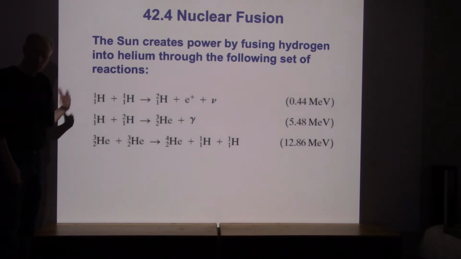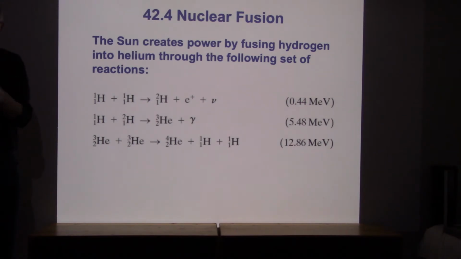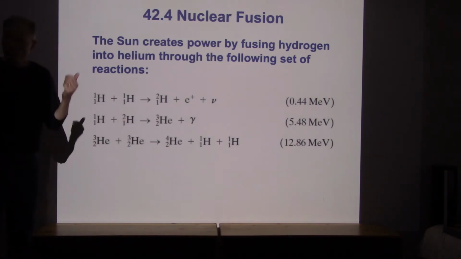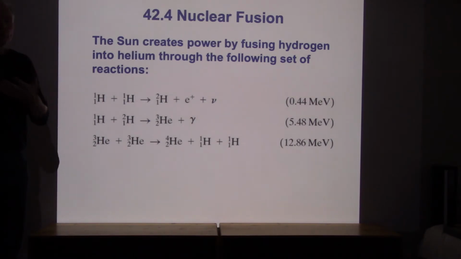This reaction, you have to be patient, because not only do you have to get two protons coming together at really high energies, but you have to wait around for the weak force to take effect. These other fusion reactions we're looking at are based on the strong force. What the strong force does is it just rearranges the protons and neutrons that are already there.